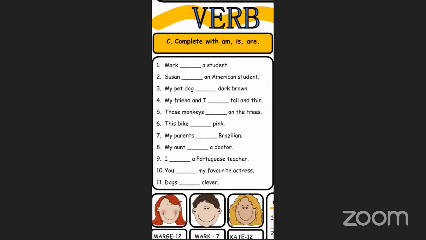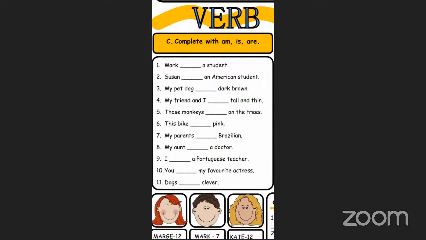And now as we have learned the negative form of be verbs, you can write the same sentences using the negative form. As an example, the first one, Mark, a student. How do you change it into negative form?